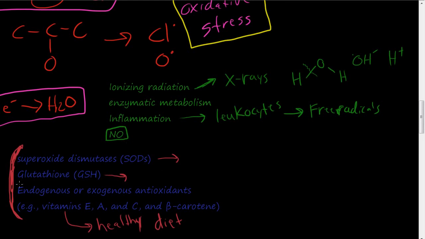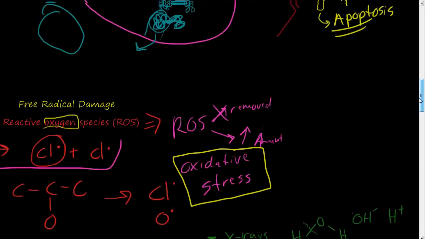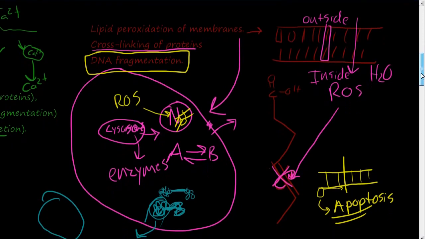And these 3 classifications are protective mechanisms in destroying these free radicals: superoxide dismutase, glutathione, and these vitamins. And lastly, these are the ways by which reactive oxygen species can cause injury to our cells.